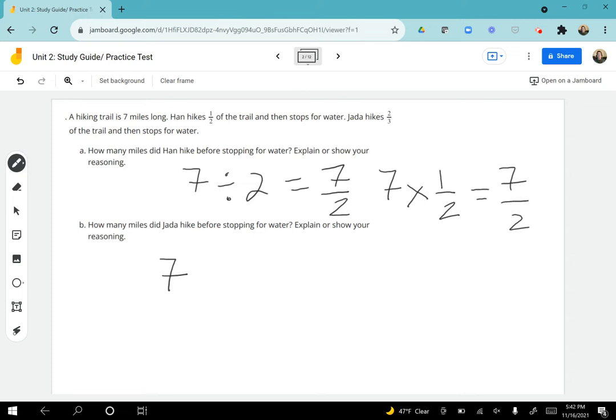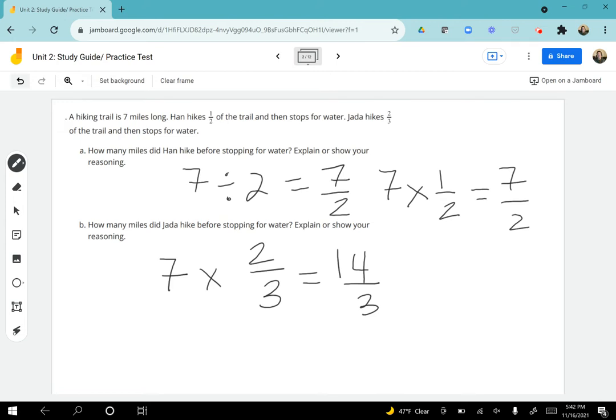But because we're talking about 2/3, which is not a unit fraction, dividing it by 3 only finds us 1/3 of that distance. So multiplying 7 by 2/3 may be a more straightforward way for students to think about this particular question. So that would give us 14/3.